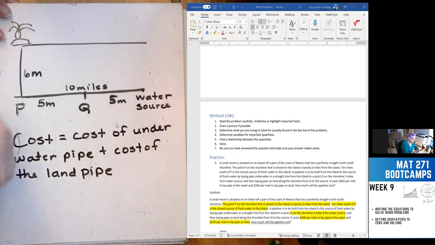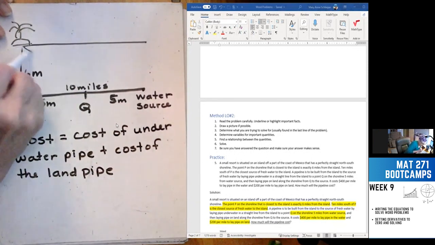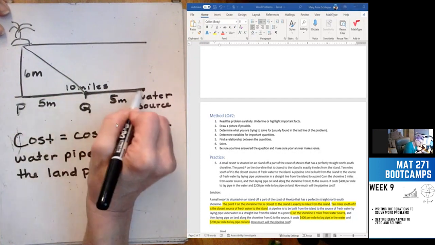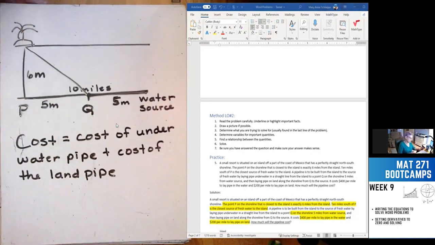So we have to get from the island to Q, and then from Q to the water source.